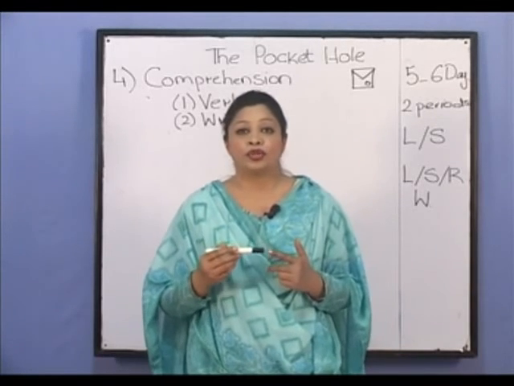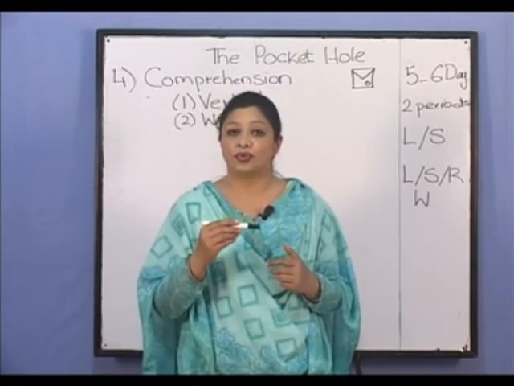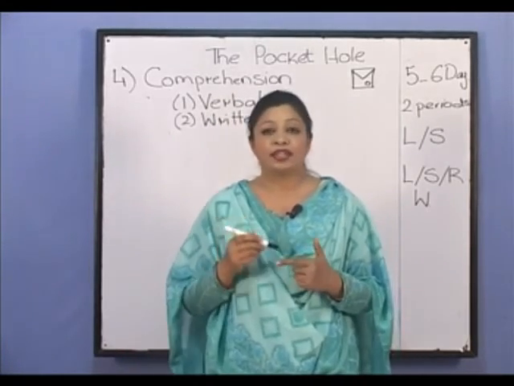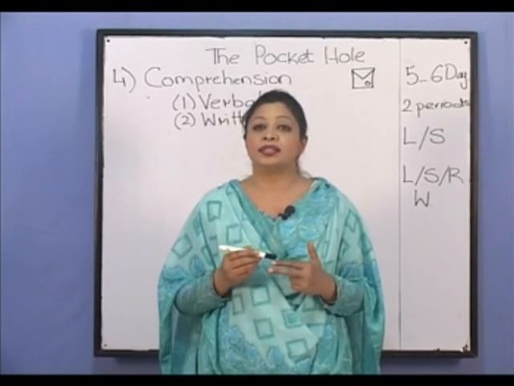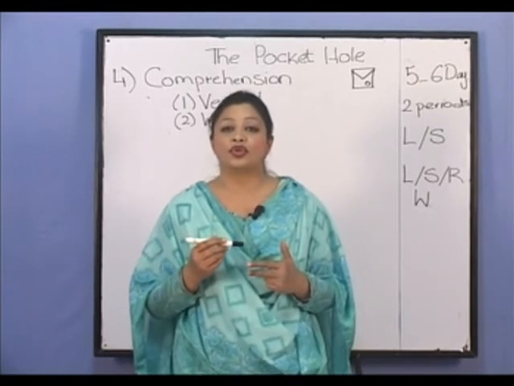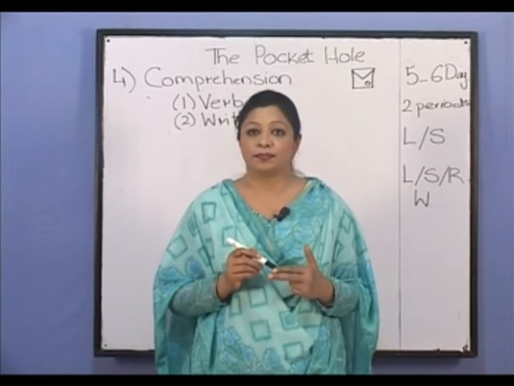And then you are going to say, now let's write this on the board, and you are going to write that answer on the board. After taking the first answer, you are going to take 2 more answers from the students. In this way, the question number 1 of the written comprehension is completed.